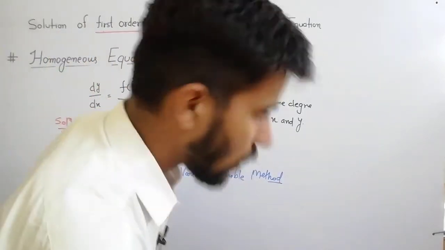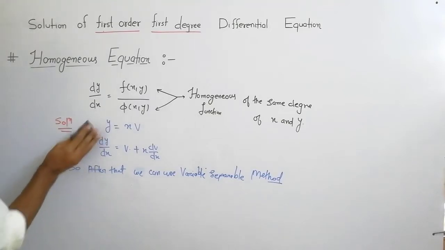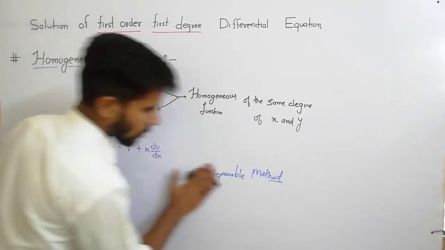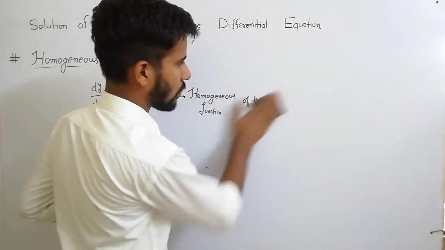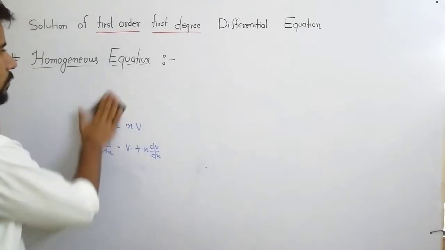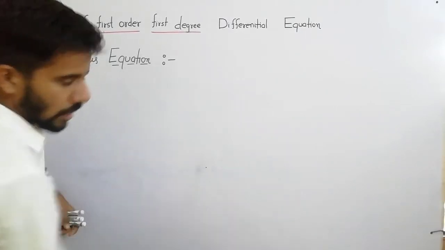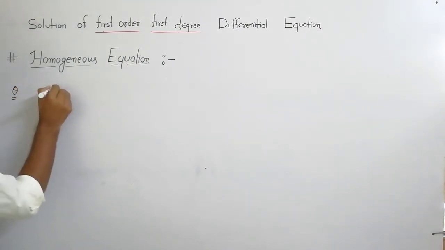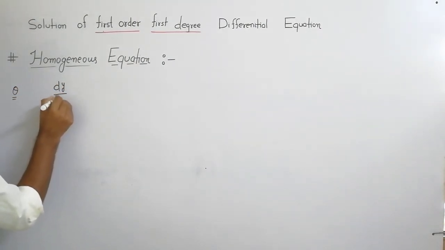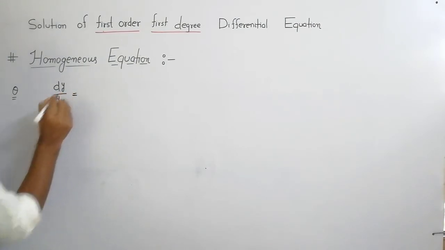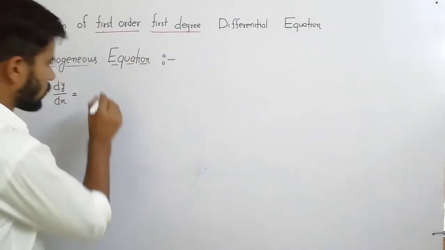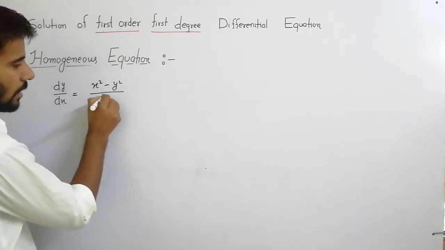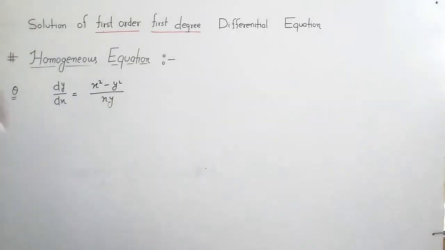Let me give you an example. The first example is dy by dx is equal to x square minus y square upon x y.